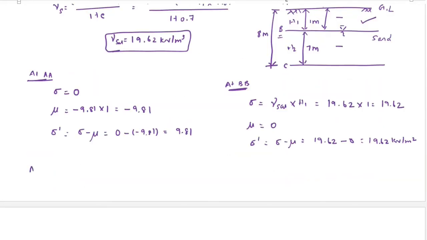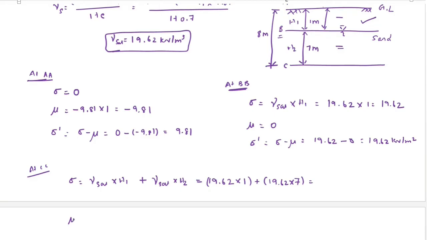Now at CC we have to calculate. The sigma value is gamma saturation into H1 plus, as there is sand over here, we can put this layer also, gamma saturation into H2. So the gamma saturation value is 19.62 into 1 meter, again plus 19.62 into 7 meter, so H2 is 7 meter.